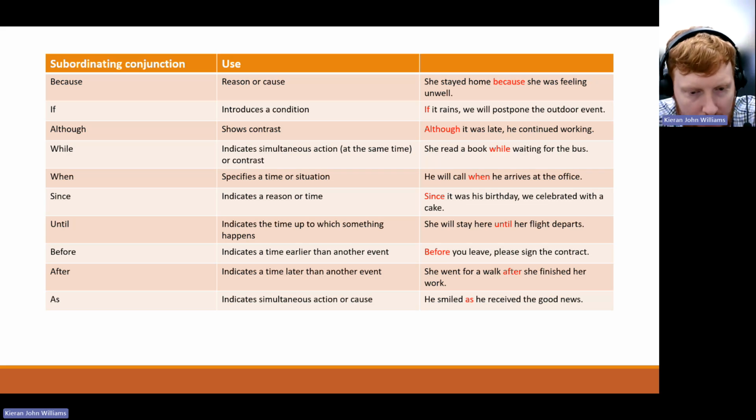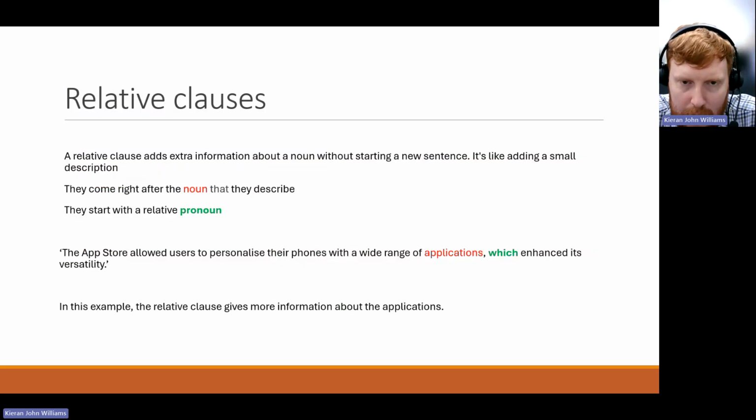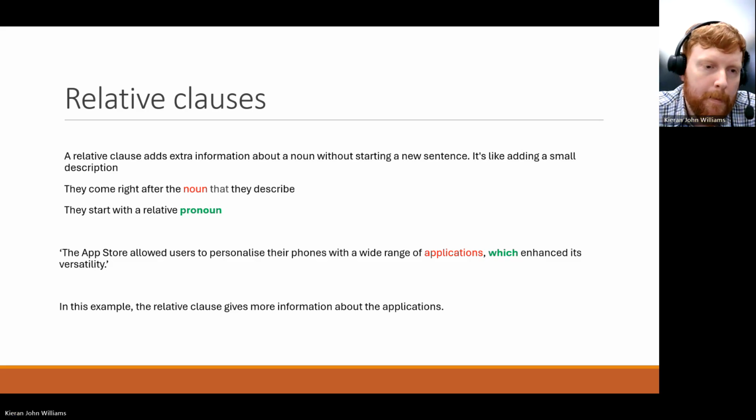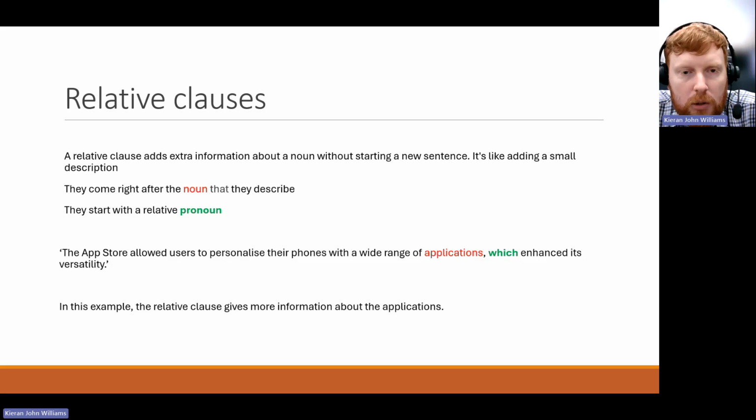So it's talking about complex sentences, and now we move on to the last part of making our sentences more difficult, more varied, and that is by using relative clauses. A relative clause is a clause which gives you more information about the noun that you have mentioned.